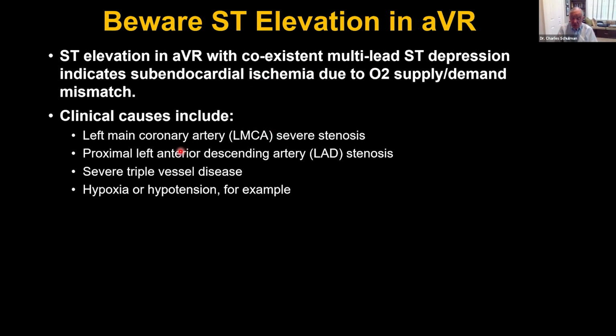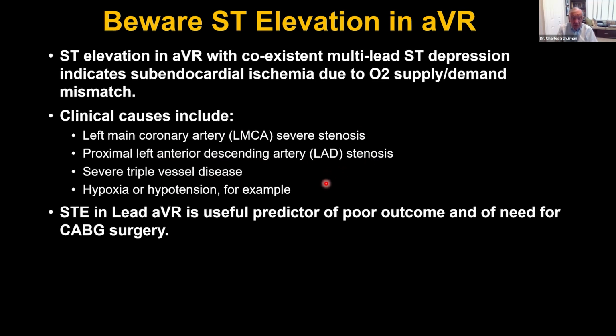Not necessarily occlusion, because people who have an occlusion of their left main don't often make it to the hospital. But severe stenosis or severe proximal LAD stenosis, severe 3-vessel disease, possibly other causes as well. So it's not specific for left main disease, but you should think left main disease if you see it with acute chest pain.